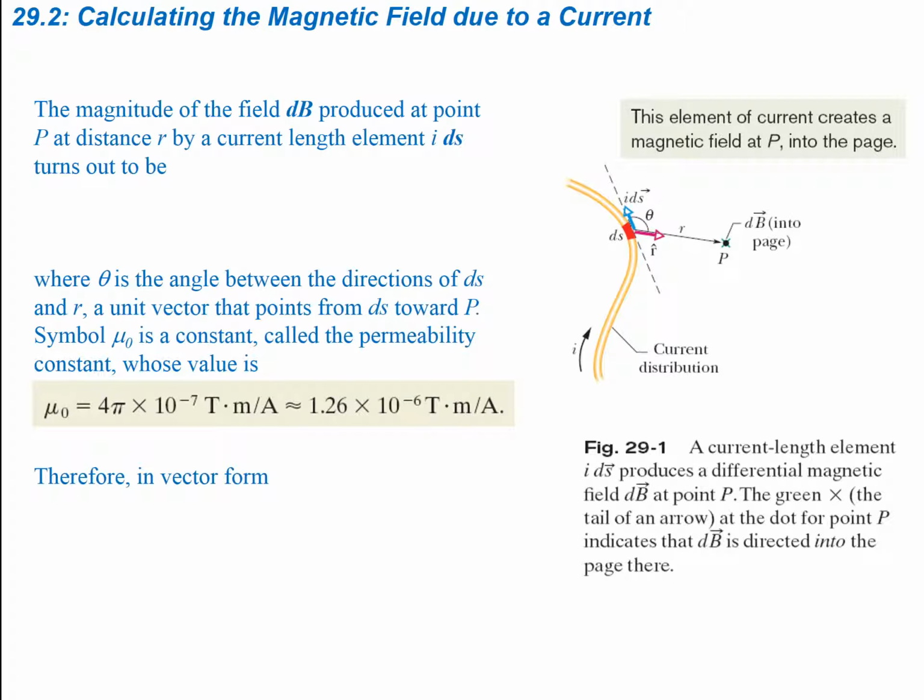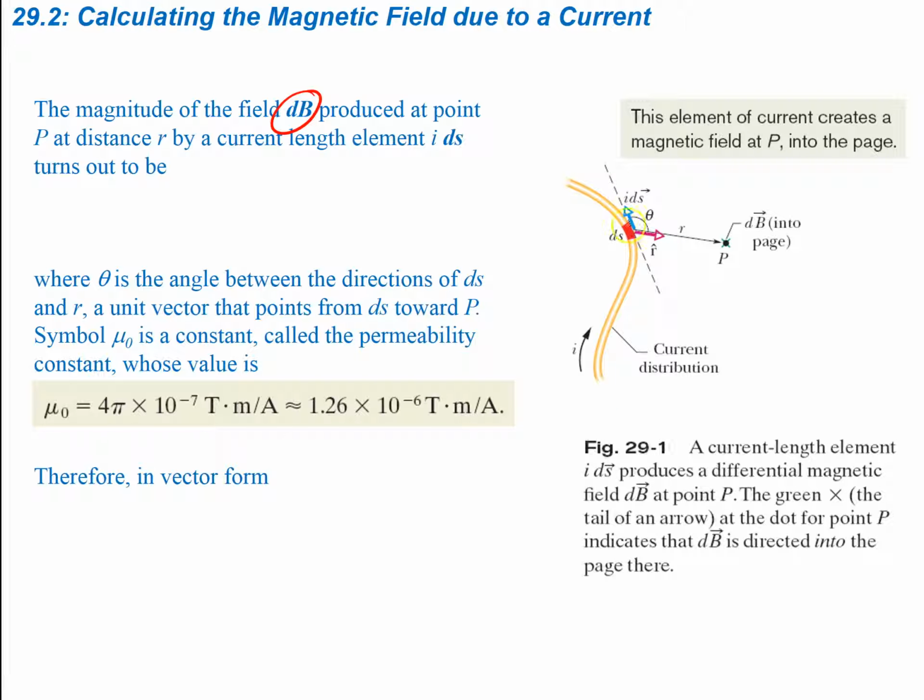So the magnitude of the magnetic field, we're going to call dB, some infinitesimal element of magnetic field that's being produced by a small portion of wire at some point P away. The magnitude of this field is going to be produced at point P, a distance r, by a current length element I ds. Just looking at the picture over here, we have a wire.